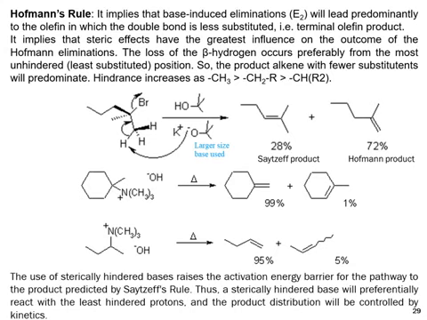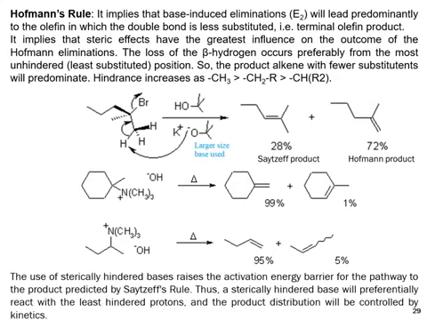You can see here the difference between Saytzeff rule and Hofmann rule. The size of the base is greater as compared to the Saytzeff rule. When the size of the base is large, there is more possibility it abstracts the proton from the terminal methyl group and will preferably give the olefin which has less substitution.